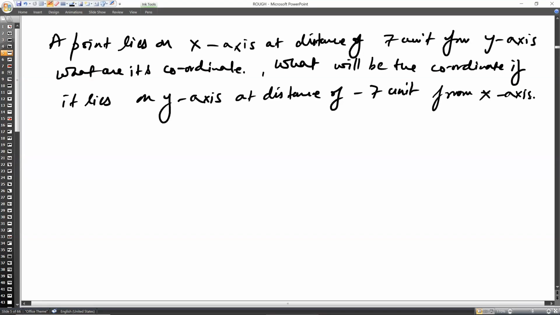A point lies on the x-axis at a distance of 7 units from the y-axis. Tell me, solve this one, please.